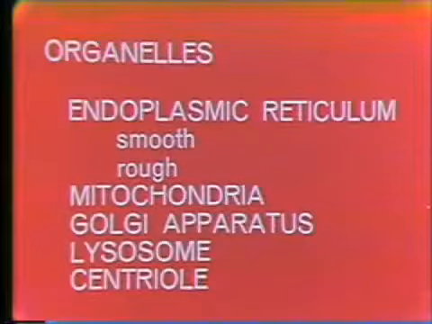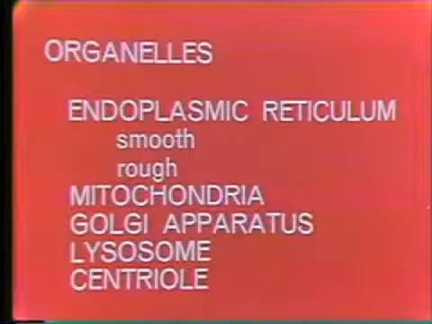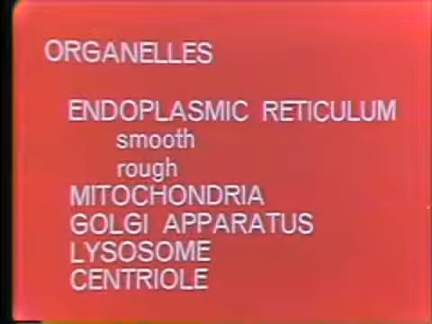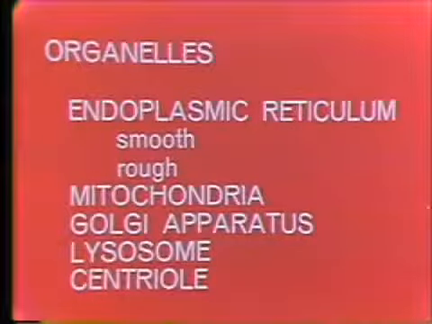Smooth endoplasmic reticulum is found in lipid-secreting cells. Rough endoplasmic reticulum in protein-secreting cells. Mitochondria are the energy source of the cell. The Golgi apparatus, another membrane structure, lysosomes, and centrioles. We'll cover these organelles of the cell now individually.